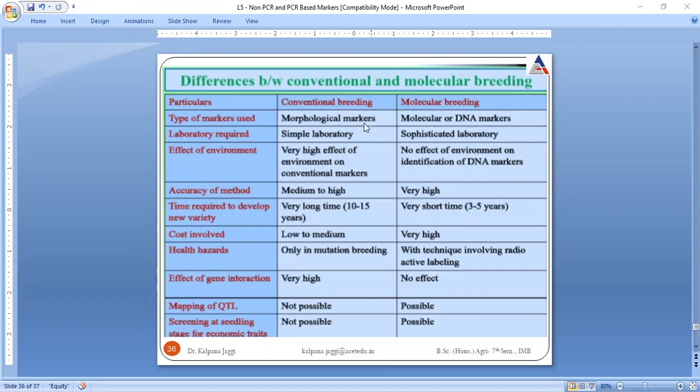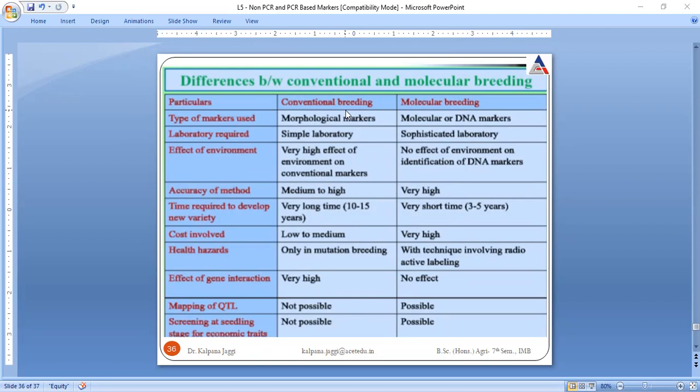These expressions are also produced as a result of genetic content, but these are the phenotypic features, and they are affected by the interaction that takes place with the environment also.